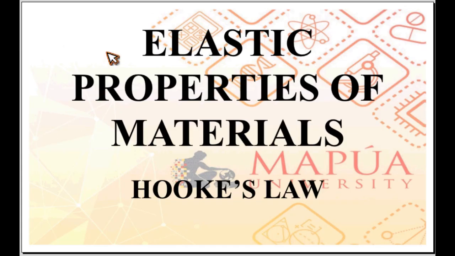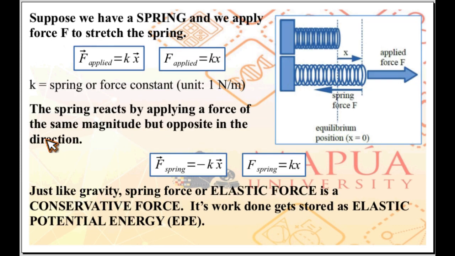Next up in our discussion on elasticity, or elastic properties of materials, we have Hooke's Law. A spring is an example of an object whose design and construction makes it more elastic than the material it is made out of.